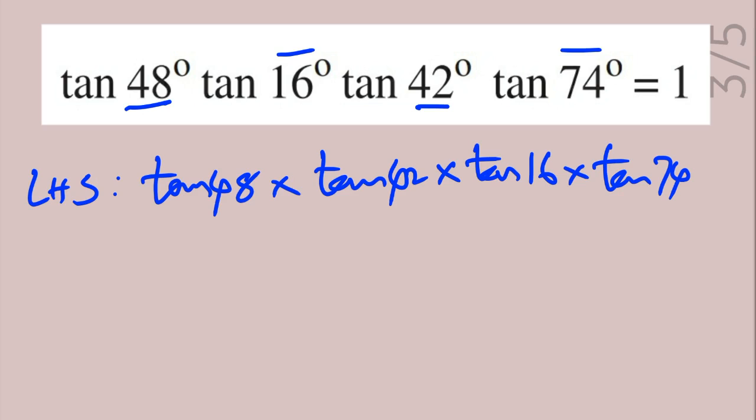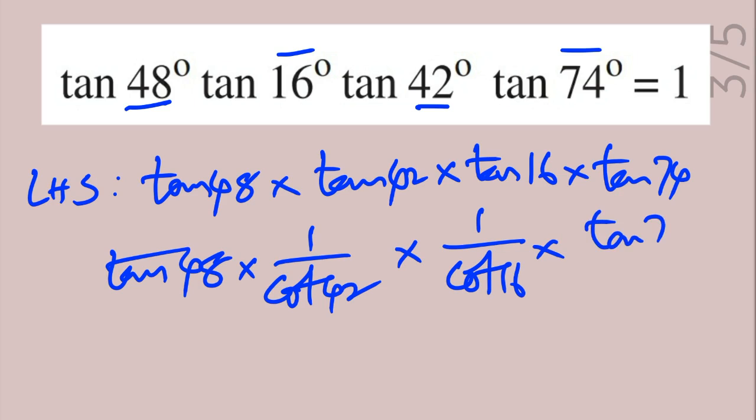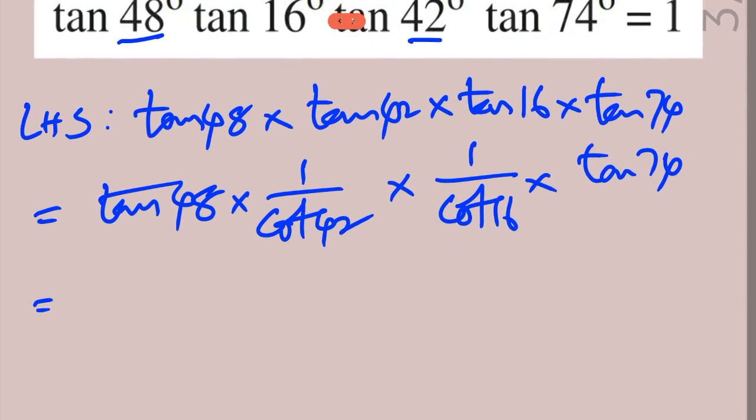So tan 48 is there, and tan 42 I can write as 1 by cot 42, because the reciprocal of tan is cot. And after this, tan 16 I can write as 1 by cot 16, and this one is normal. So one term must be changed, another term just leave it like that.